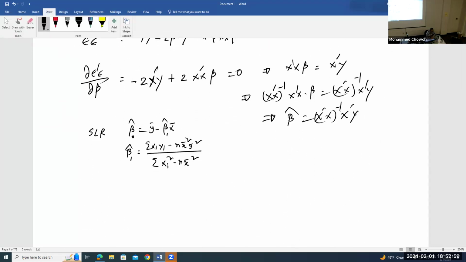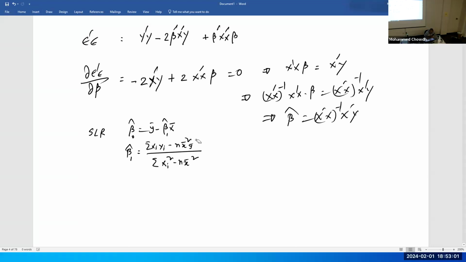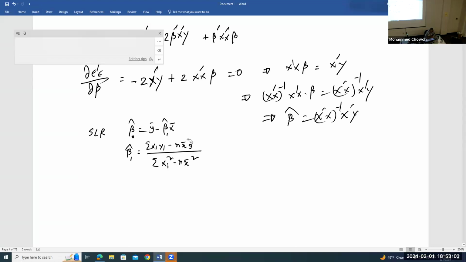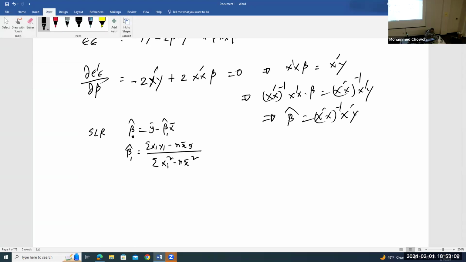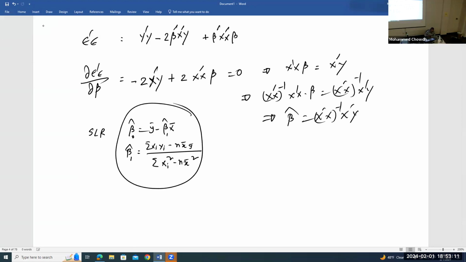So this is not true. Good. So for the simple linear regression model, this is the solution. For the multiple linear regression model, the solution is beta hat equal to x prime x inverse x prime y. Okay? You know the transpose of a matrix, right? Those things you already know, right?